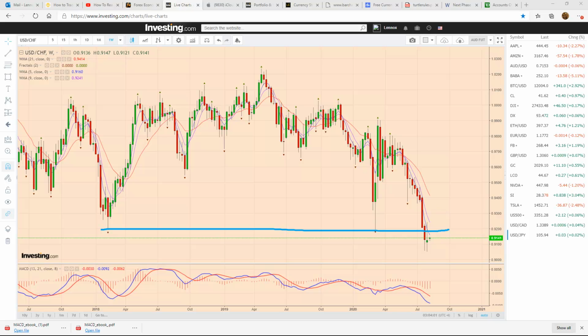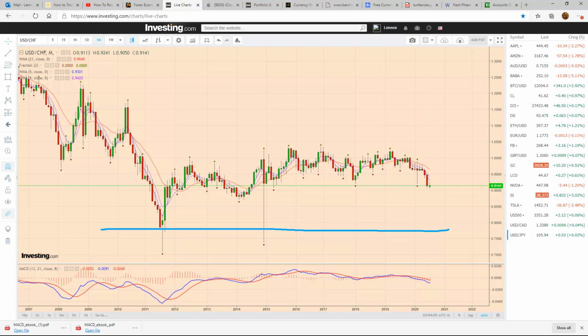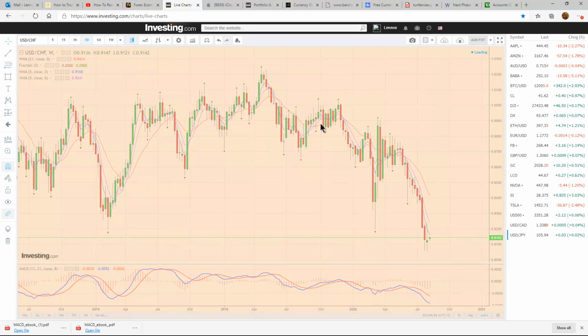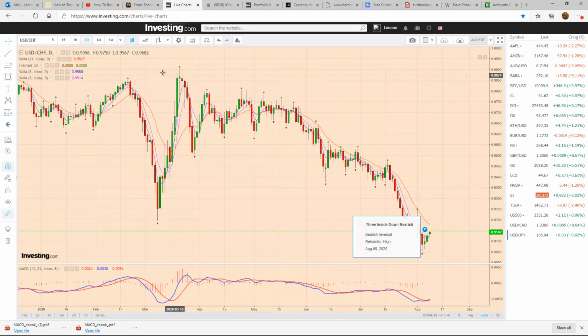So if I went to the monthly time frame, the support level is right across. You can see we're at a very strong support area right here, and we're right at that point where a bounce is expected, or we're looking for a bounce of some kind. So right now that's what's happening. We've got a pin bar there on the weekly, the daily time frame. We're bouncing at that point.